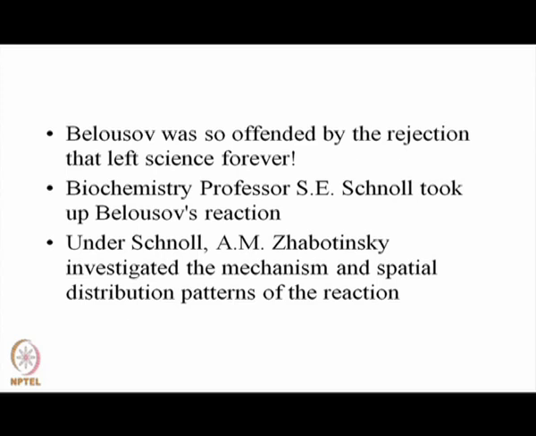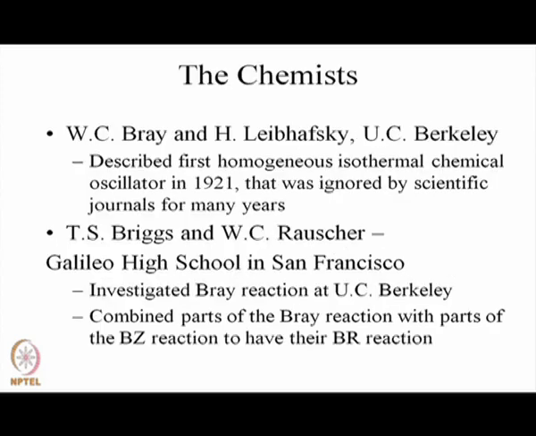So it is Zhabotinsky who, under the guidance of Schoenl, studied this reaction. Later on, Bray and others at UC Berkeley described the first homogeneous isothermal chemical oscillation in 1921.